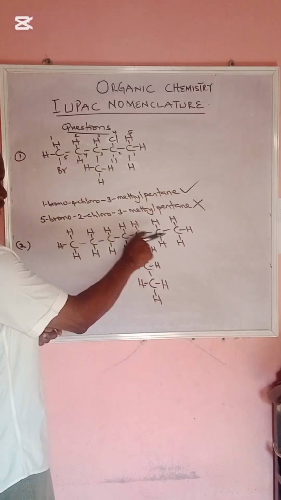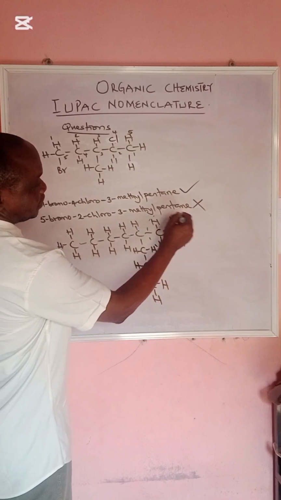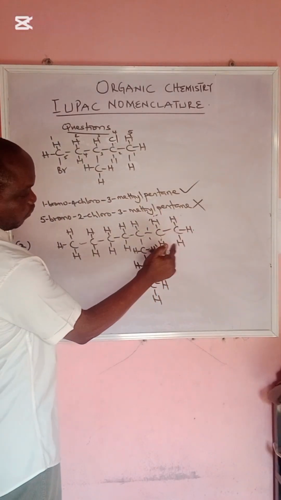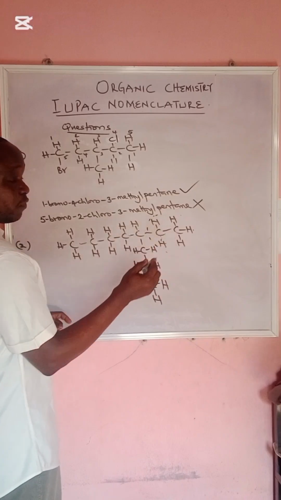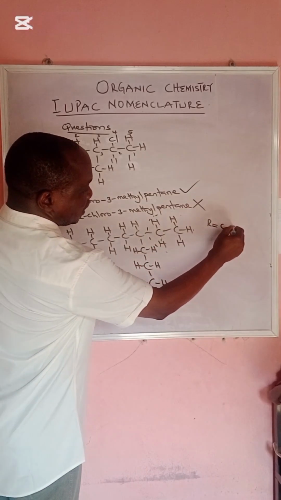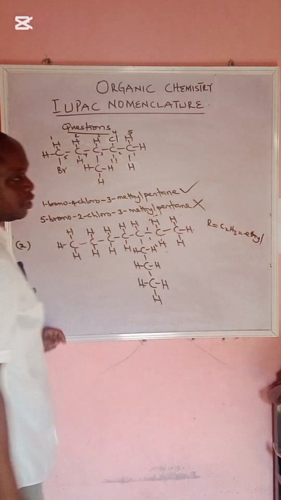You can see this one will now be the attached alkyl group, which is C2H5. You still remember, C2H5 is ethyl. So ethyl is attached.